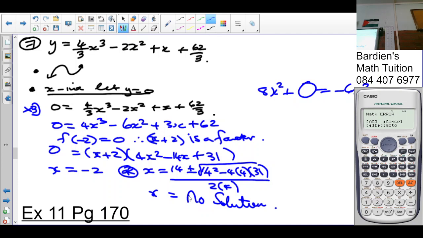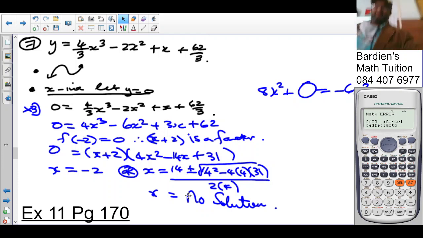Yes? So what happens in the calculator, using the correct formula? Did you get the silver calculator? Now if you look at the silver calculator, I just punched this in.